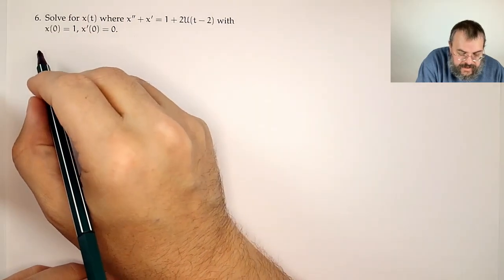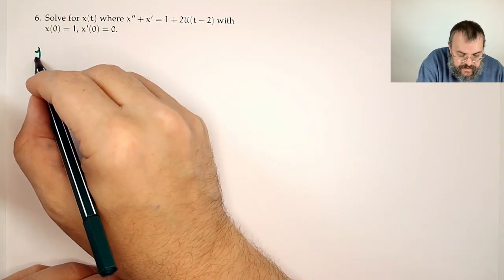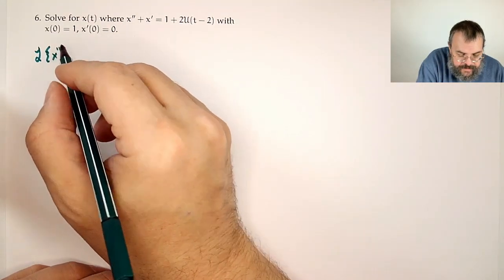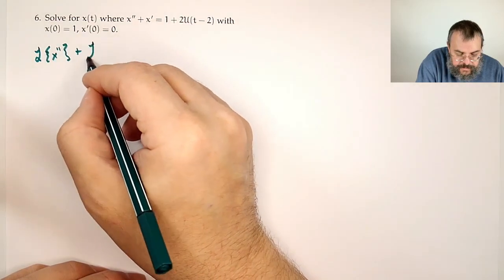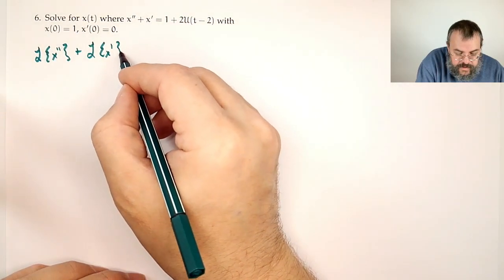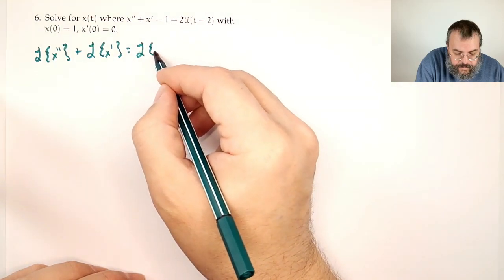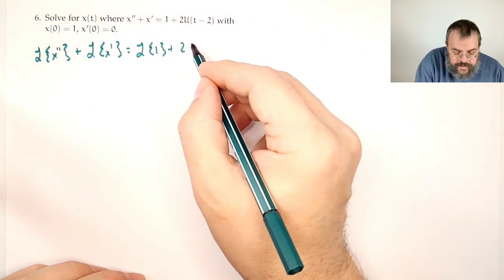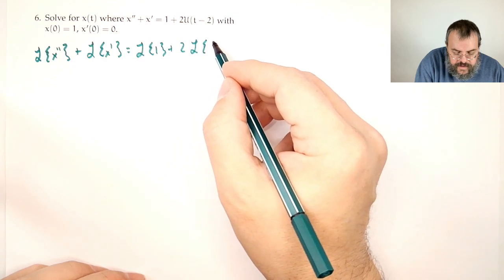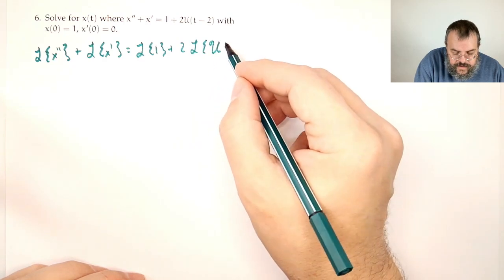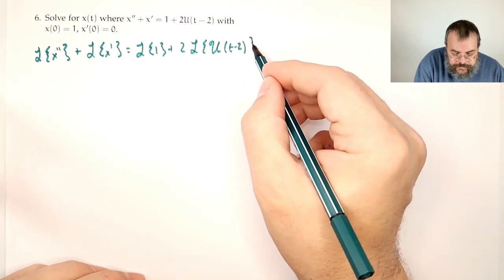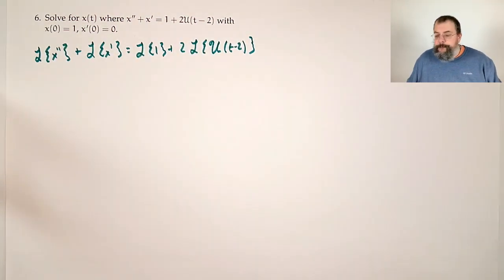All right, so we begin. So we're going to say, all right, take Laplace transform both sides. So Laplace transform of x double prime plus Laplace transform of x prime is the Laplace transform of 1 plus 2 times the Laplace transform of u of t minus 2. Okay.